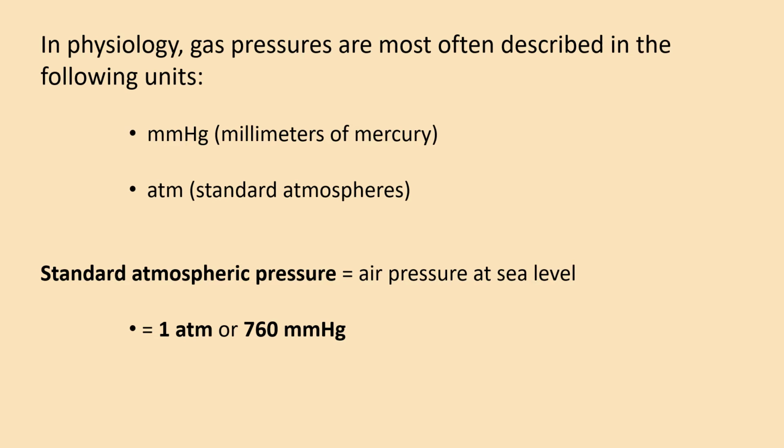And millimeters of mercury is an older unit, but it's still used in physiology and health and medicine. And the name millimeters of mercury comes from the device initially developed to measure pressure. And the measurement is what pressure is required to raise a column of mercury, similar to an old-fashioned thermometer. What pressure is required to raise a column of mercury by a particular number of millimeters.